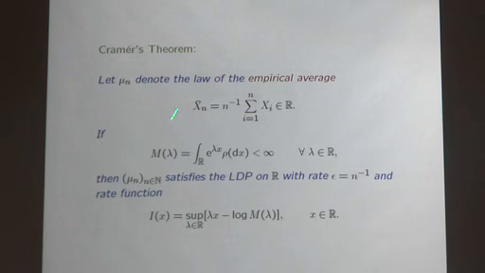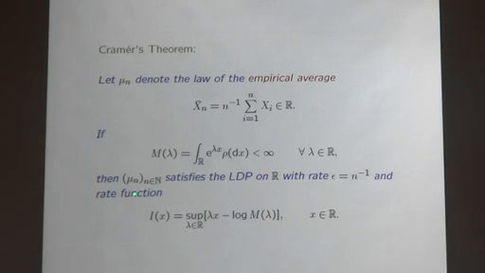Cramér's theorem says: if I take the empirical average, which is the quantity I looked at before, so I take the n sample and find the empirical average, and let mu_n denote the probability distribution of this object, then I claim that the family mu_n, where n runs over the positive integers, satisfies an LDP on R with rate epsilon equal to 1 over n.